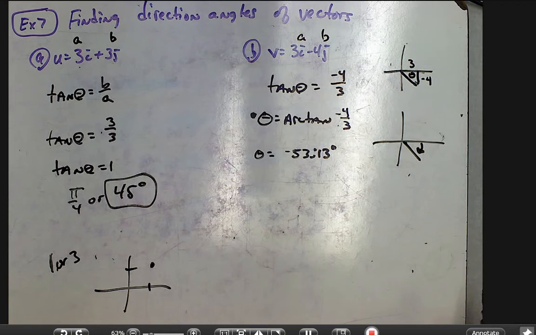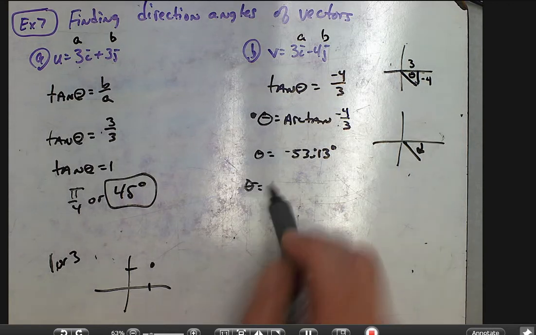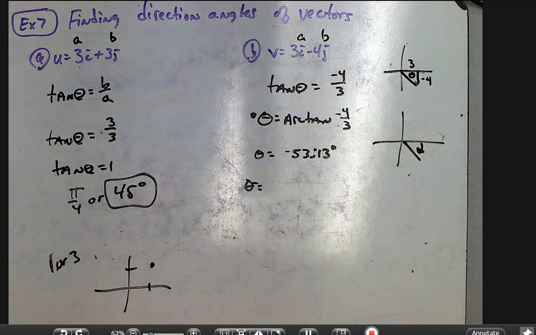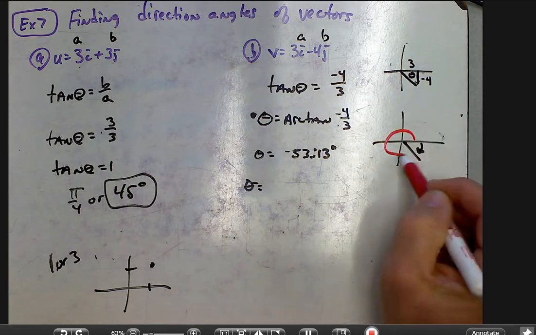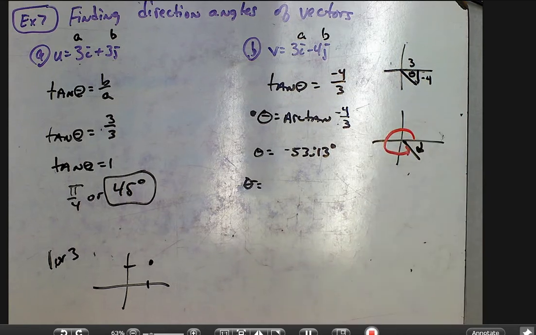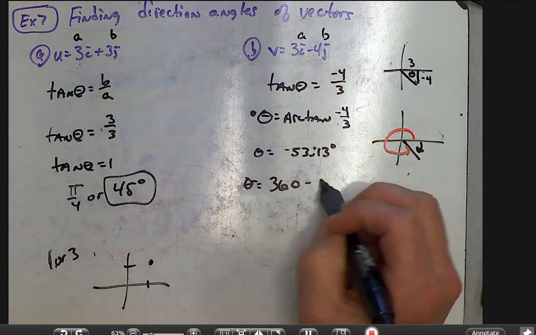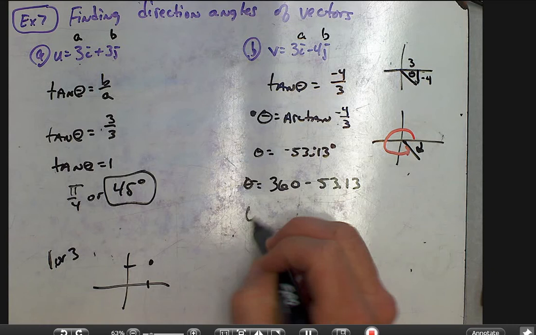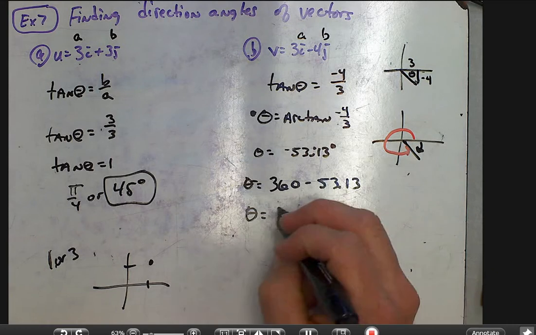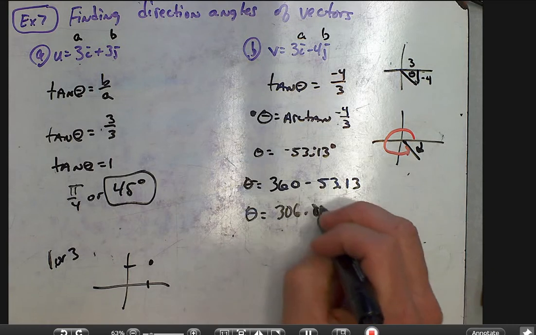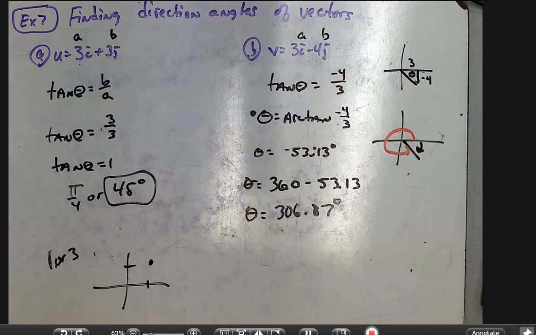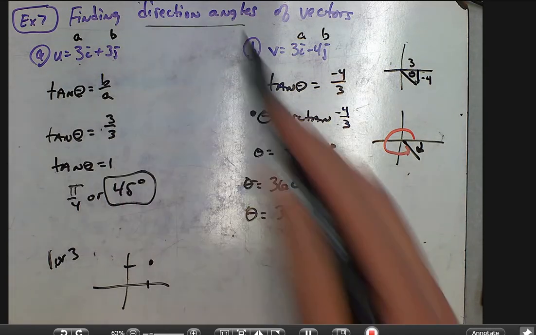But in order to find out what the angle is, as far as the positive direction goes, meaning in order to find out this angle right there that I put in red, I'm going to have to go 360 minus 53.13. Therefore, theta is 306.87 degrees, and that is the direction angle of the vector, because the direction angle of the vector needs to be a positive angle. Okay?